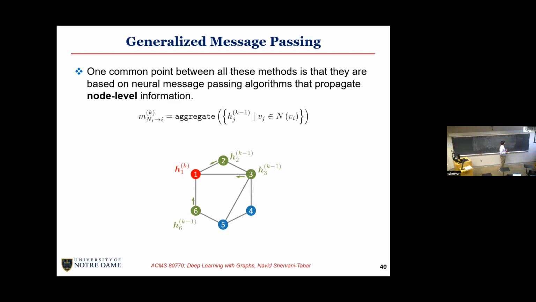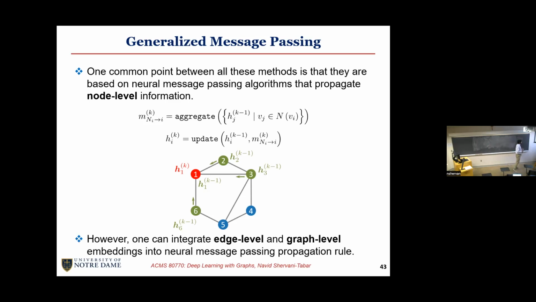Mathematically, that means that we have some aggregate step that gathers the embeddings of all the neighbors of this node in a multiset and then turns them into a message. Then we take this message in the next step, combine that with the current state of the node, and turn that into a new embedding. That's done in a step called the update step.